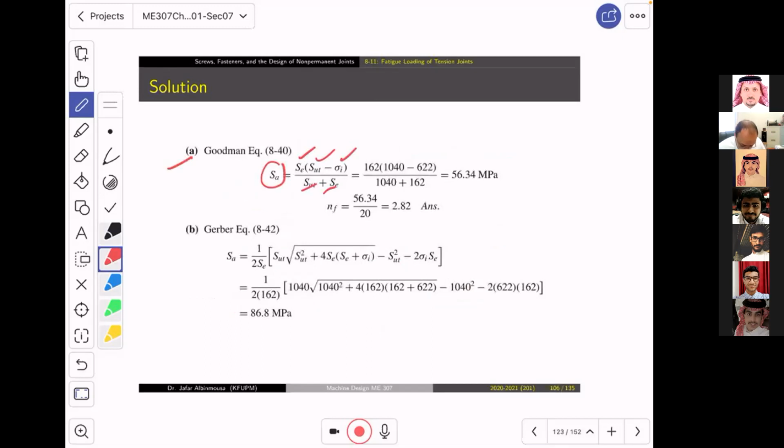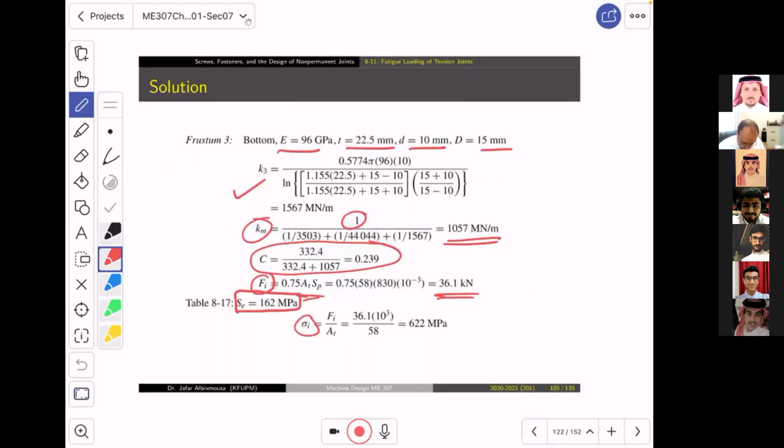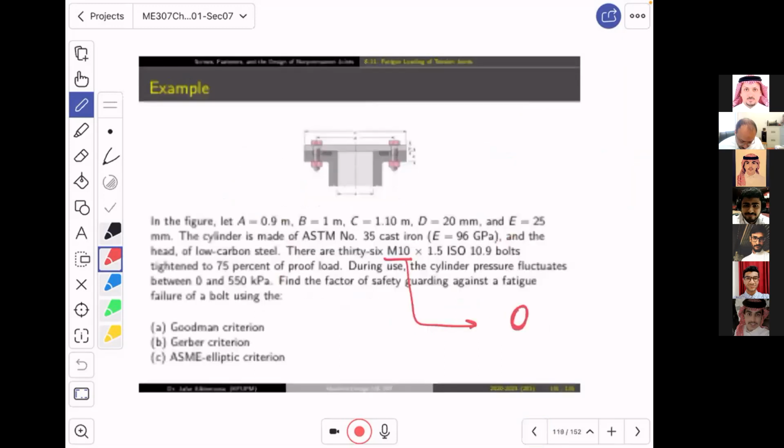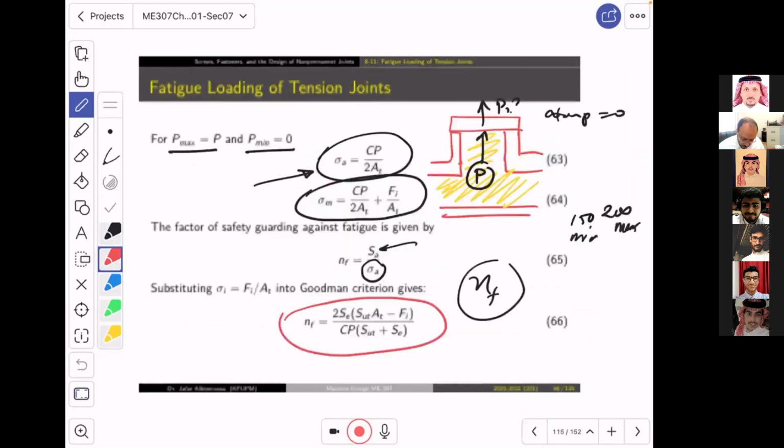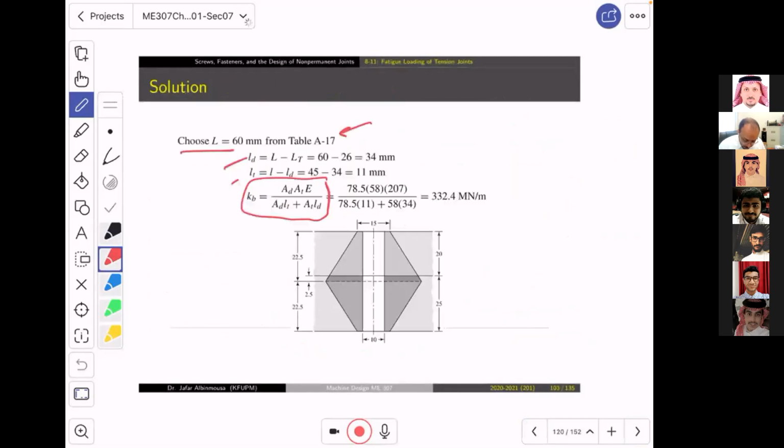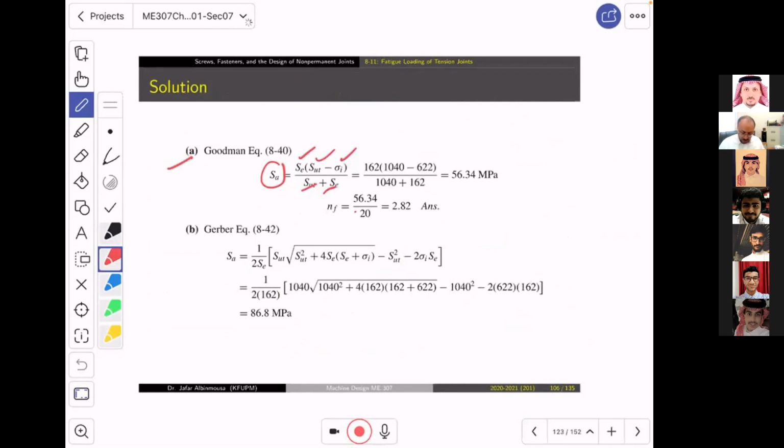What is the amplitude? Why is it not calculated over here, ya shabab? The amplitude is this. It is CP divided by 280. Okay, so that equals 20. And there you go. This is the factor of safety.